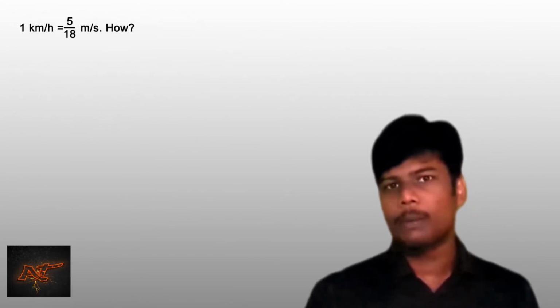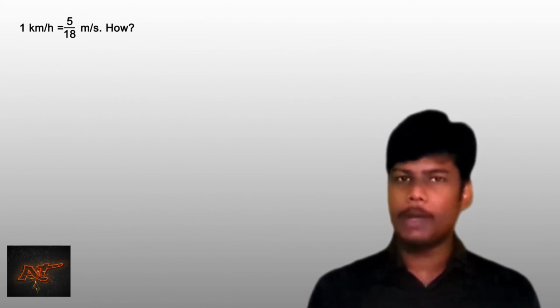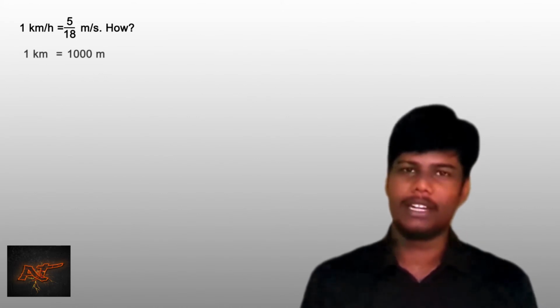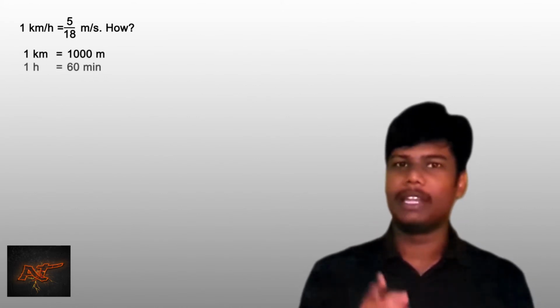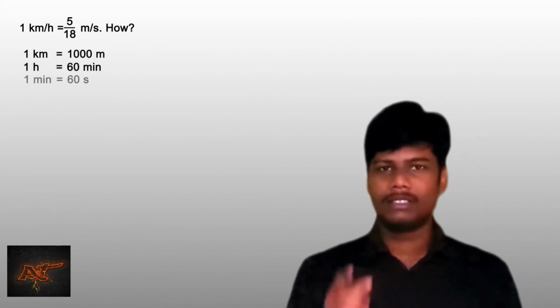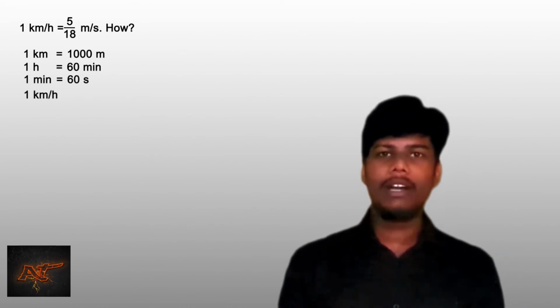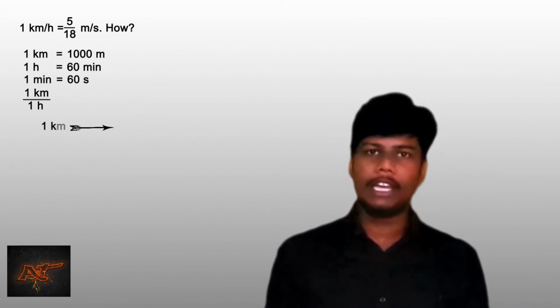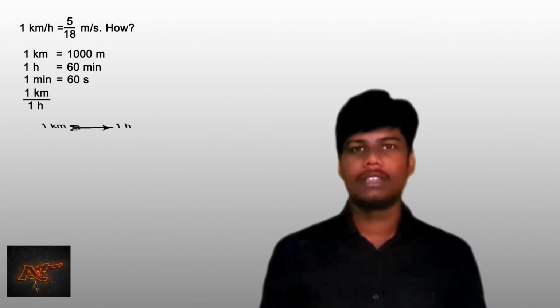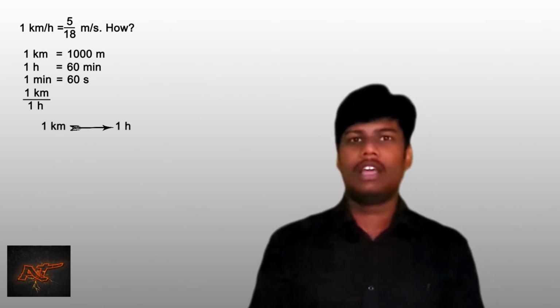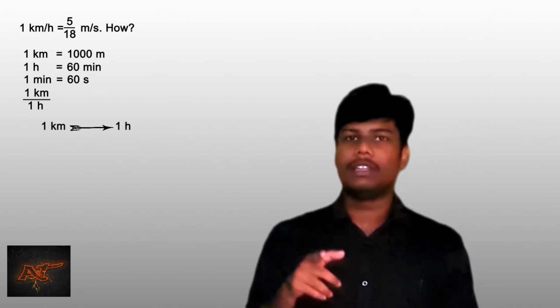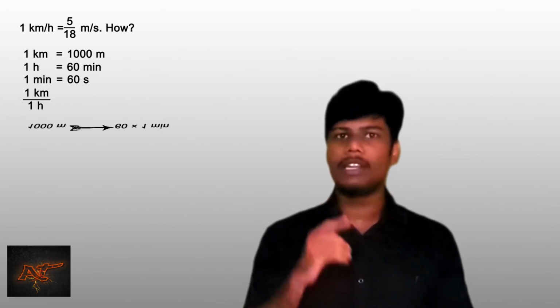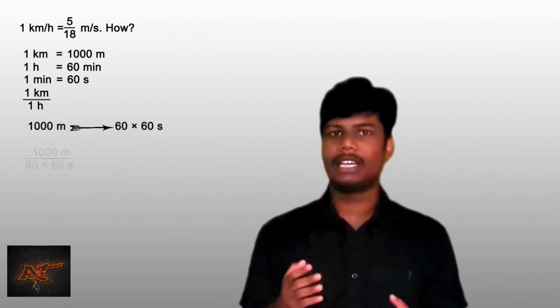How does 1 kilometer per hour become 5 by 18 meter per second? 1 kilometer is 1000 meter. 1 hour is 60 minutes. 1 minute is 60 seconds. 1 kilometer per hour means traveling 1 kilometer in 1 hour. That is 1000 meter in 1 into 60 minutes. That is 1000 meter in 60 into 60 seconds.